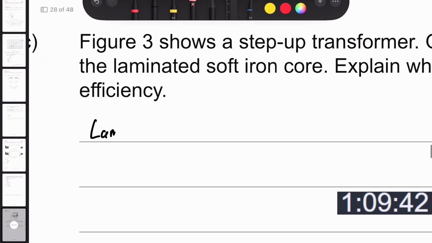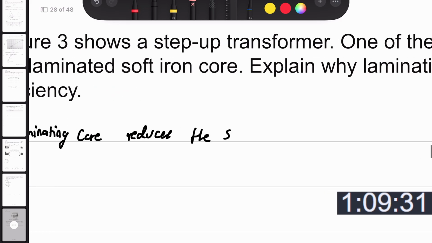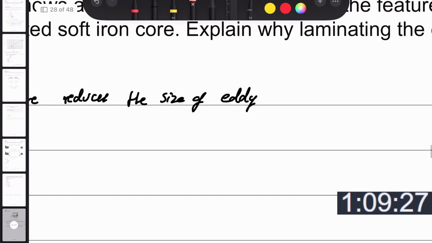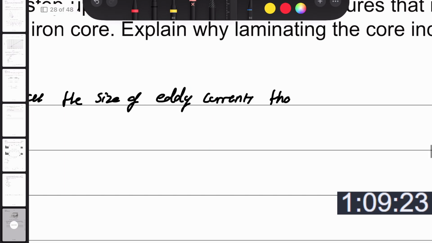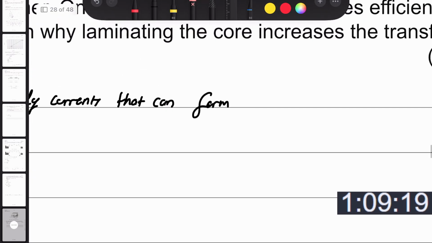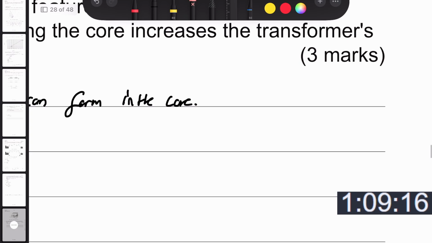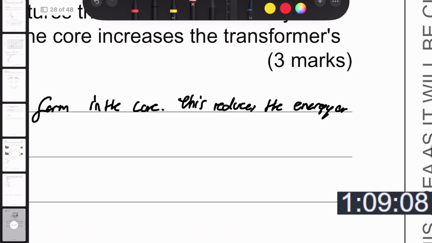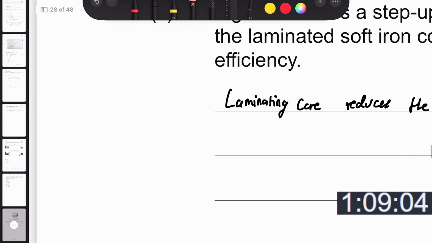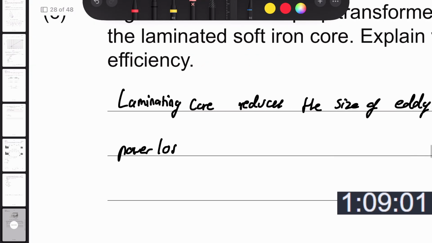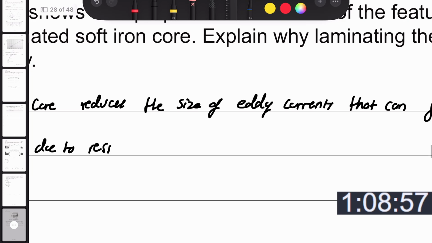So laminating the core reduces the size of eddy currents that may form in the core, and this reduces energy or power loss due to resistive heating from the eddy currents in the core.